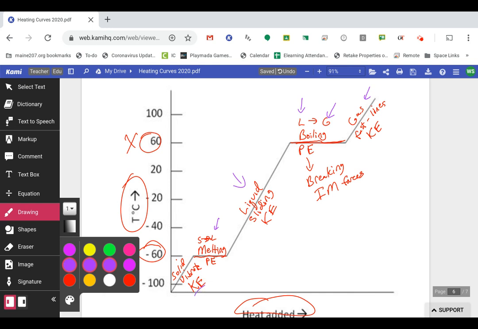That is anywhere the temperature changes. If I ask you, where's potential energy changing? That's anywhere you've got the flat line. Remember your 6 P's. If I asked you, what's the boiling point? That's your 60 degrees. Your melting point is your negative 60.